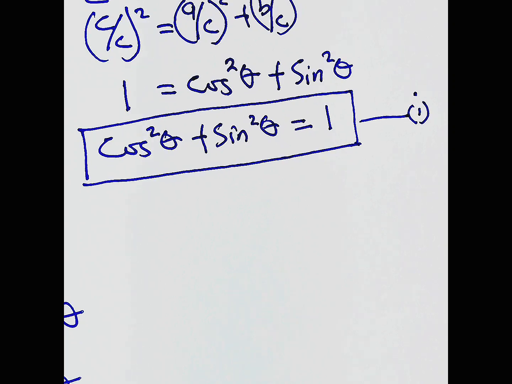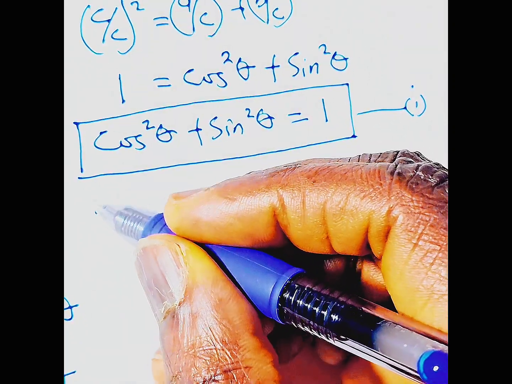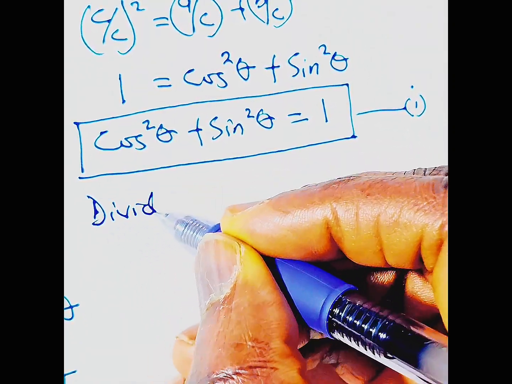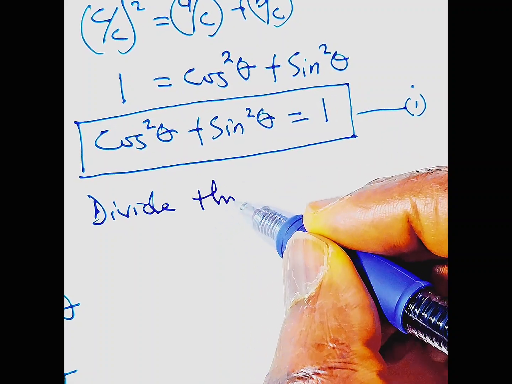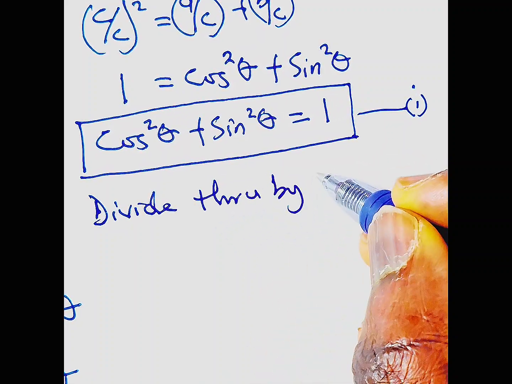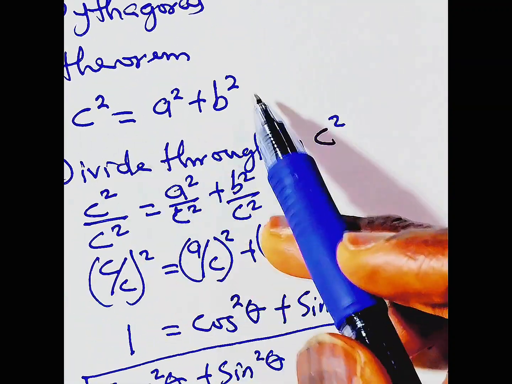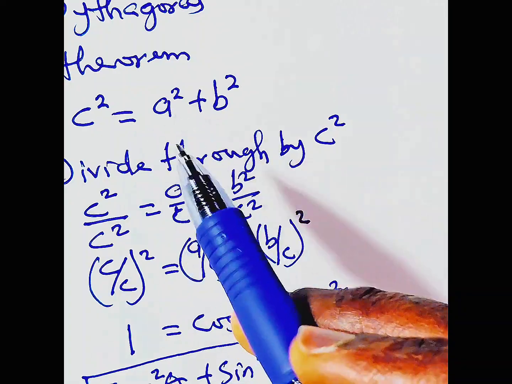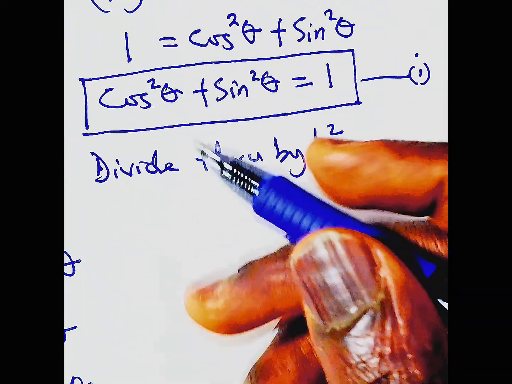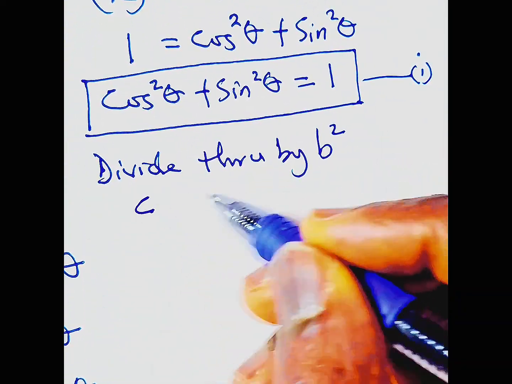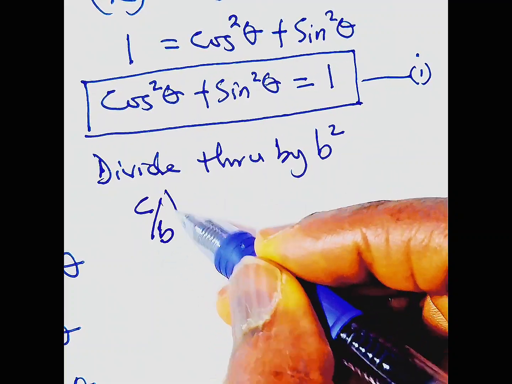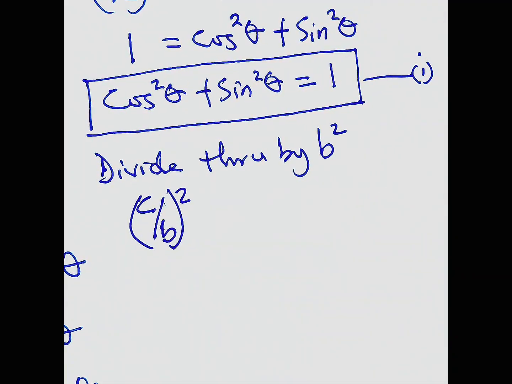So again, if we divide this Pythagoras theorem by b squared, this is what we're going to have. I don't want us to take our time by saying c squared over b squared, then going back and forth.